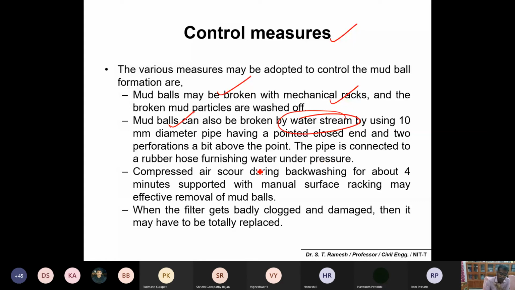You can also use compressed air scouring during backwashing, about 4 minutes, supported with manual surface raking, which may effectively remove the mud balls as well. And sometimes when the filter gets badly clogged and damaged, there is no other option. You have to completely clean the filter, or replace it with new material.